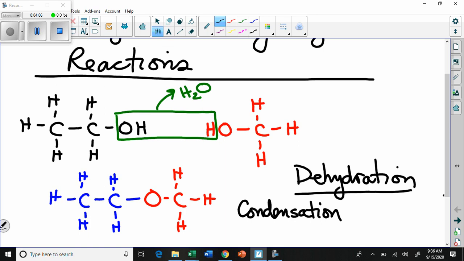And it'll form a drop of dew on the window. Well, that's taking water out of the air. So condensing is another way of saying taking water away. So those two words mean the same thing, essentially. Taking the water out, and what's left joins together, and it usually produces an ether.